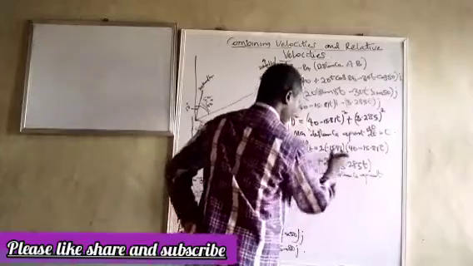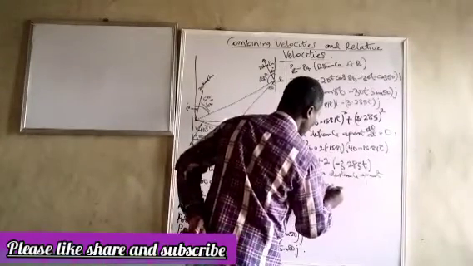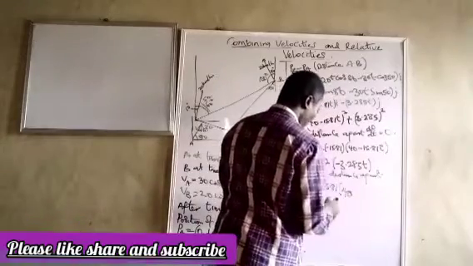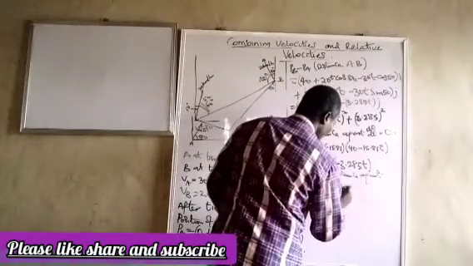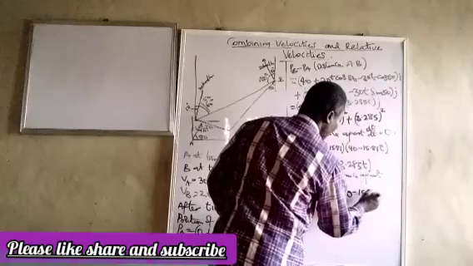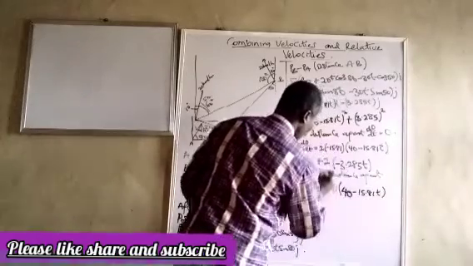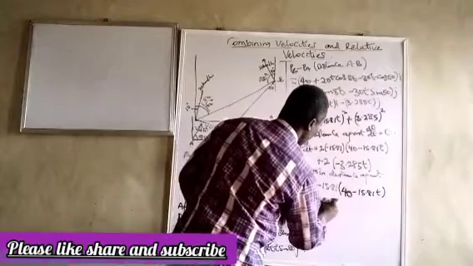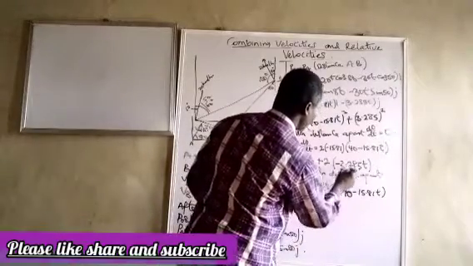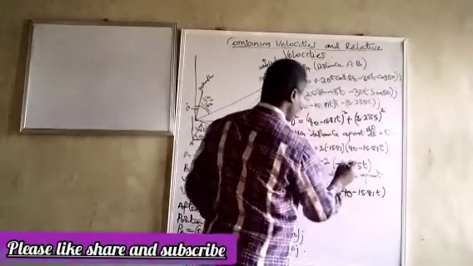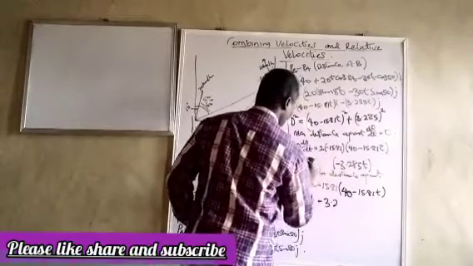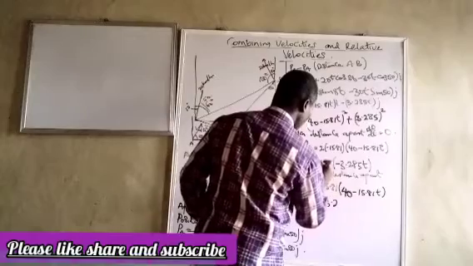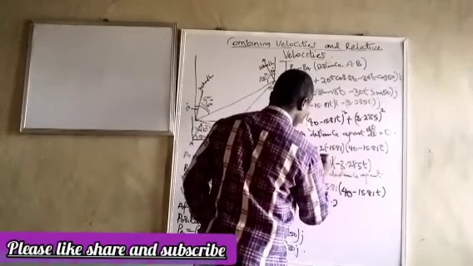I have 0 equals minus 15.81 into 40 minus 15.81t, minus, plus, minus 3.285.